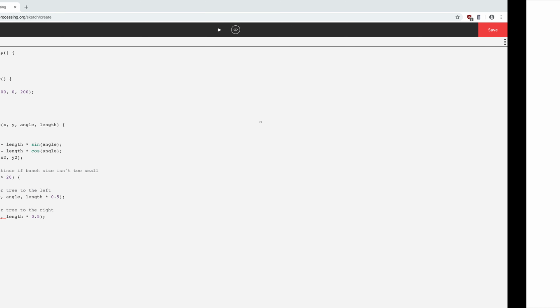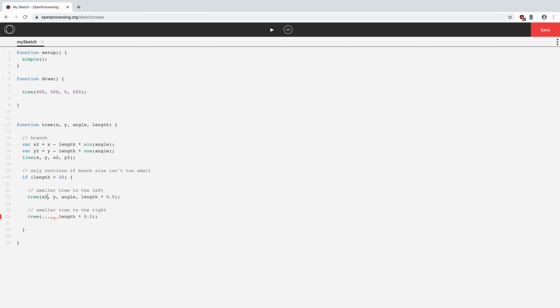Let's do that. So they start at x2, y2. Can you see the first one starts at x, y there, but the next ones start at x2, y2, and they go off at an angle. What's the angle going to be?